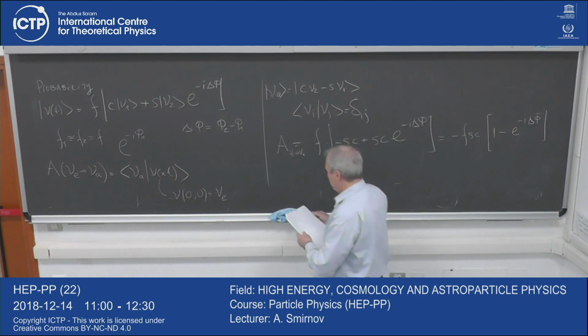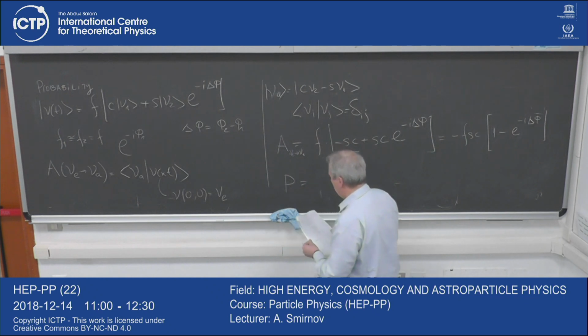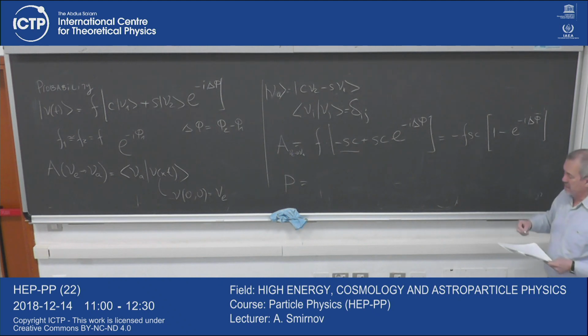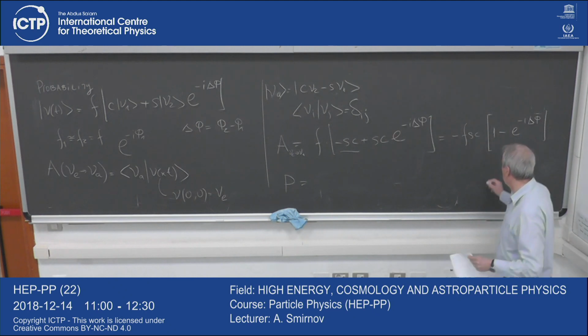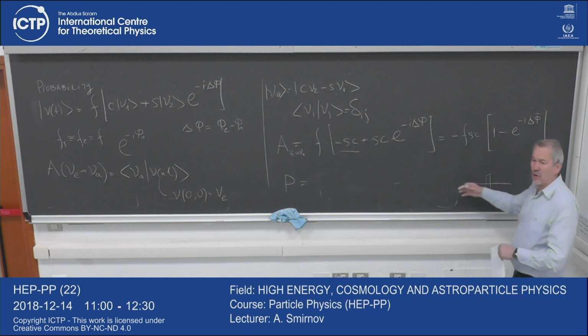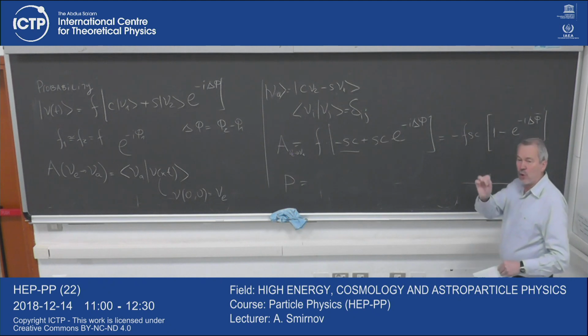And then the probability is given by the modulus squared of this matrix element, and I need to integrate over time. So what happens is that I have my detector, and this neutrino system is moving through my detector, and therefore I need to integrate over time if I'm not following the time.